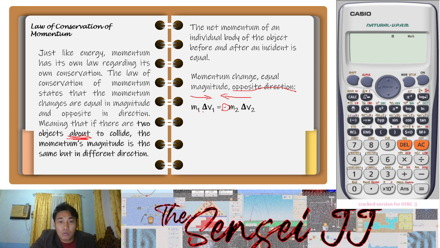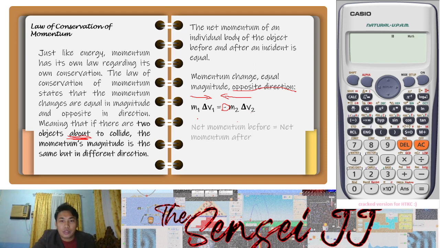So we have here mass 1 and delta v1. This delta is vf minus vi. That is our velocity v1, v2.